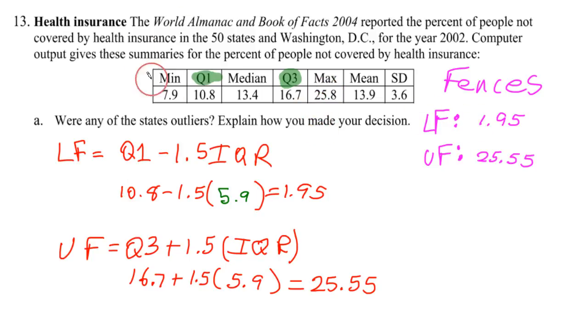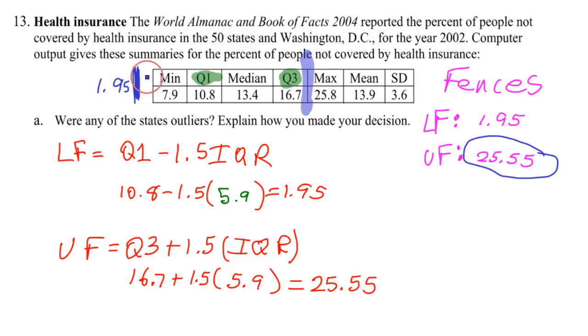Now if I come up here and take a look at this, my lower fence is 1.95. Well, that's going to be all the way over towards this part right here. Now if I read my numbers in order here, I see 16.7 and 25.8. This upper fence right here is actually going to end up being between Q3 and the max, so right here.